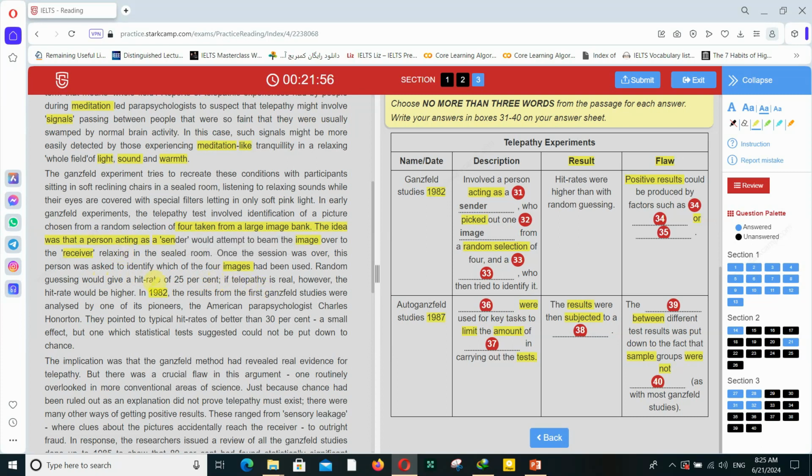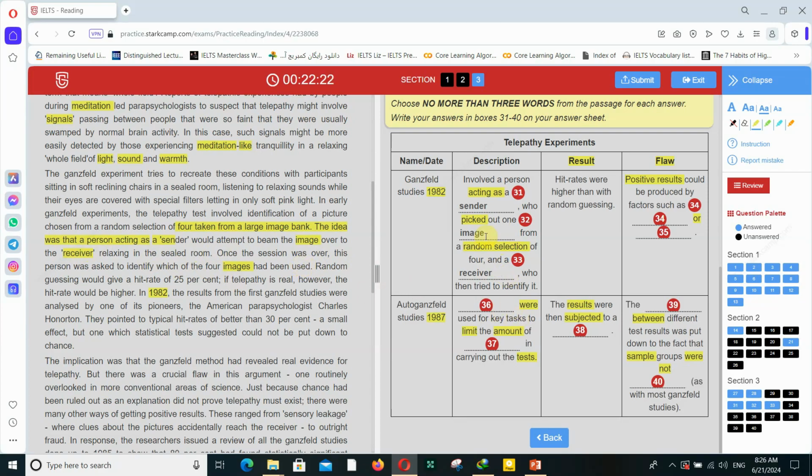Okay, then who is the person who will receive this image selection? It is actually a receiver, and be careful with the spelling. You can copy and paste it in the computer-based exam.